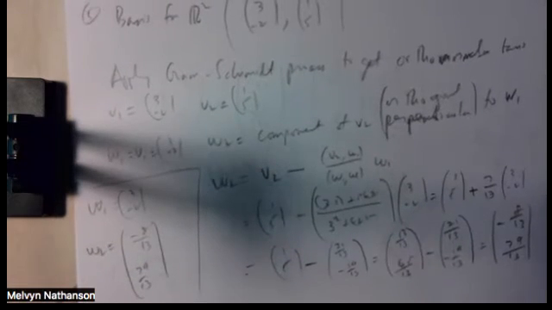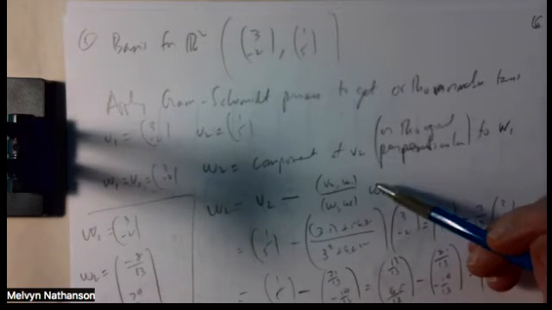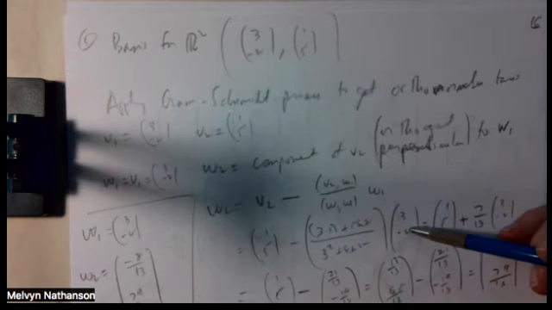I'm really puzzled. Let's see. If anyone can see where I did the arithmetic incorrectly, please let me know. I have the vector (3, -2) and the vector (1, 5). So the component of (1, 5) parallel to (3, -2) is a certain scalar multiple of (3, -2).